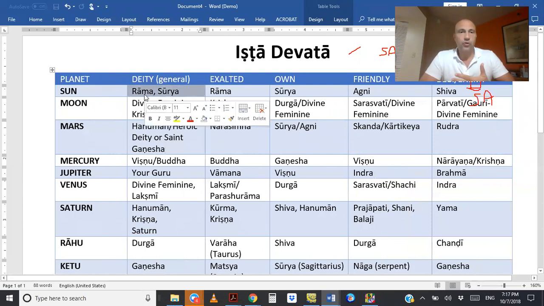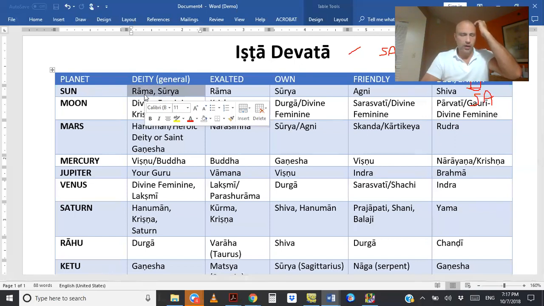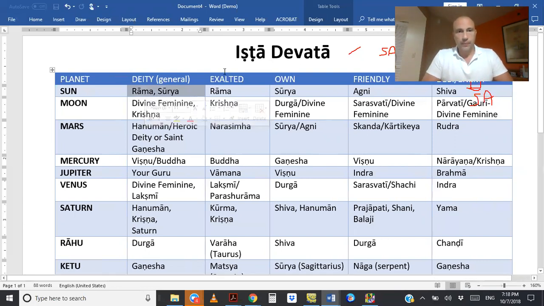Rama is the pure, upright, righteous form of the divine incarnate on earth. If this were Christianity, this is Jesus shining bright as the Son of God. If it's Hinduism or the Vedic tradition, it's Rama, an incarnation of God on earth as righteousness, as just pure love and right action and dharma.